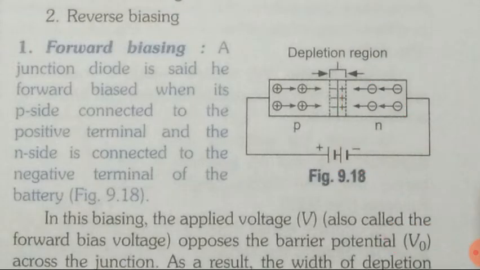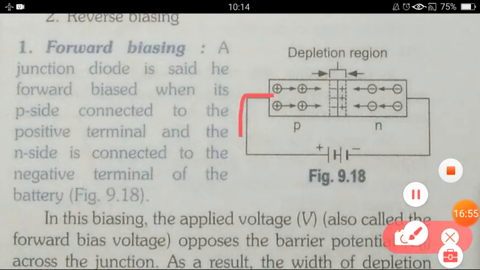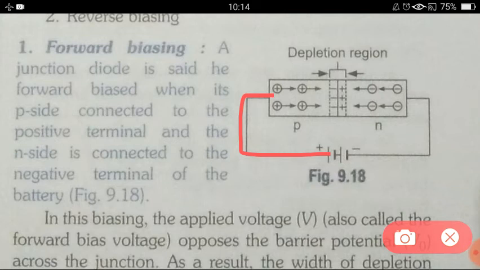Similar thing happens on the p side. P side is connected to positive terminal of battery. In p region, the majority charge carriers are holes which are having positive charge. So the positive holes and this positive terminal of battery, they both are positive.